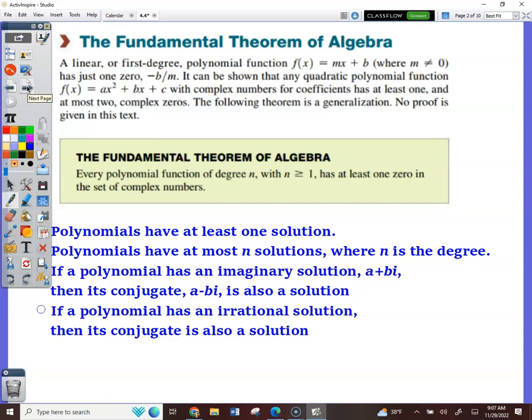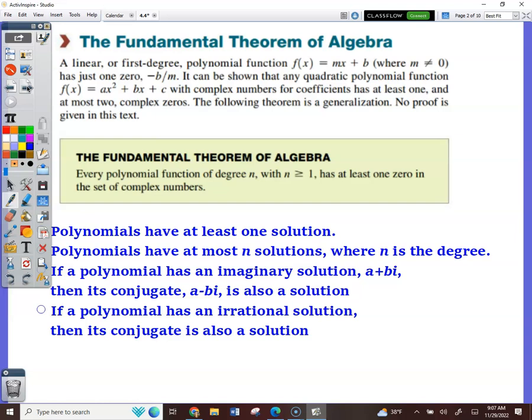You already know the first 2 bullet points. You know that polynomials have at least one solution, right? There's an answer somewhere. You also know that if you have a polynomial of degree n, then you have at most that many solutions, right? You already know this.